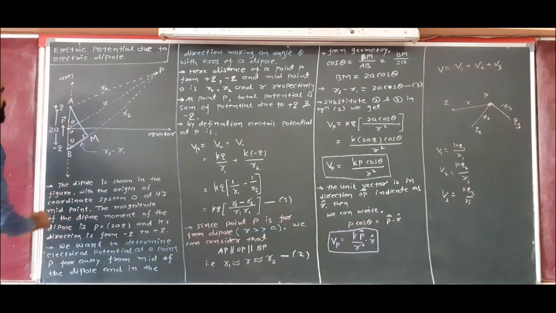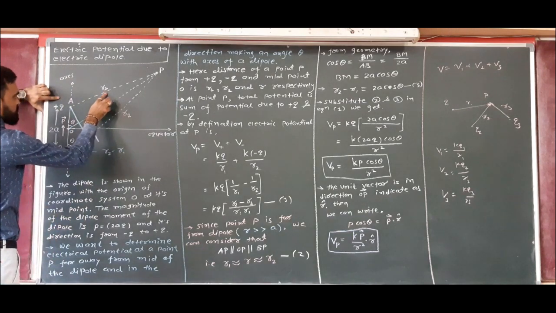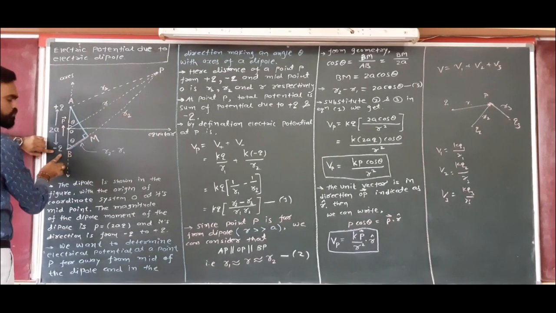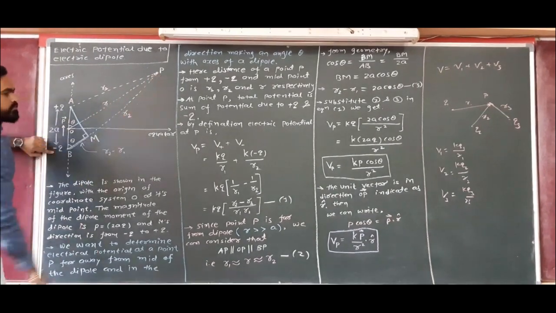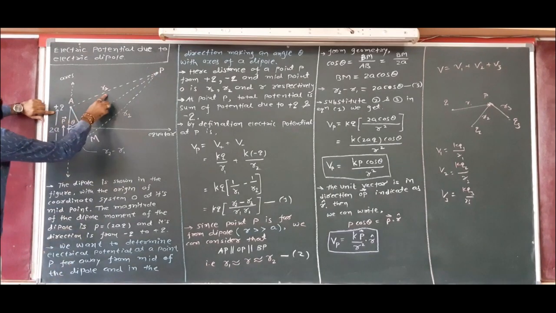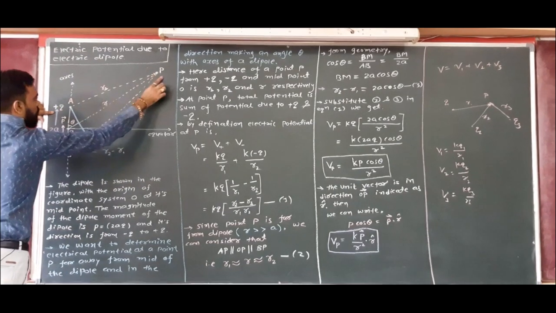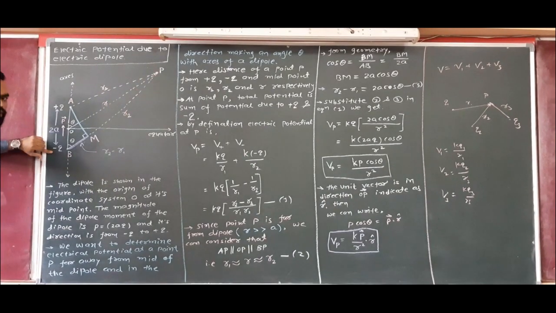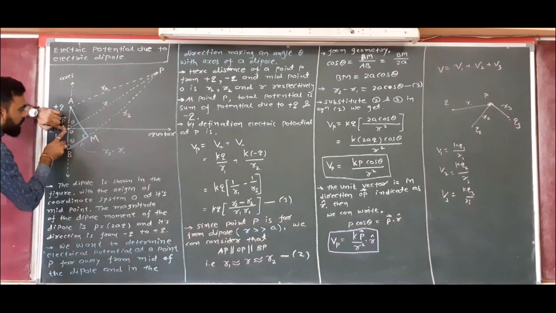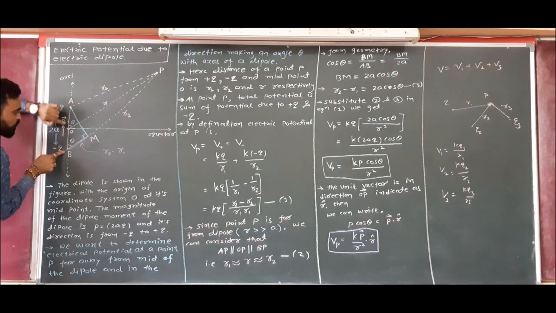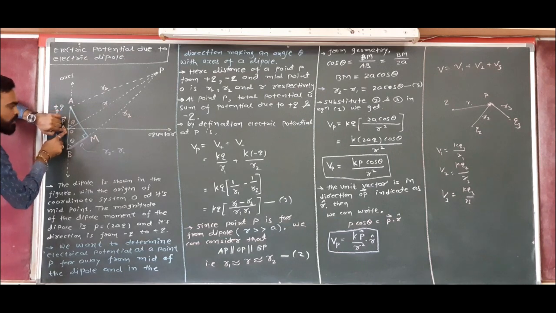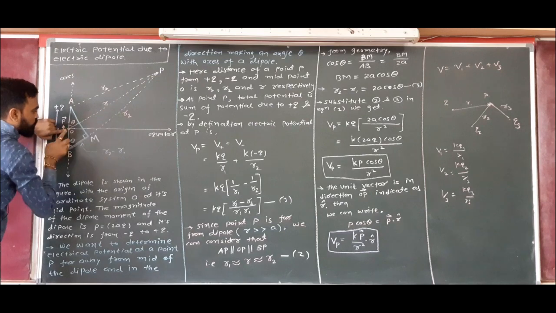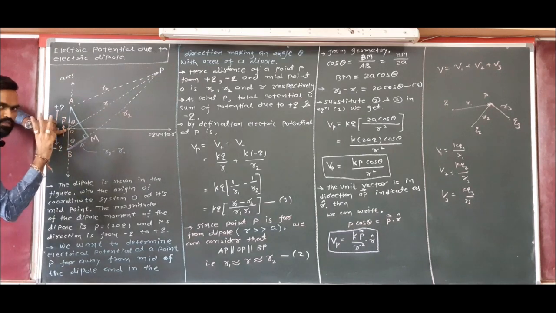First, let R1 be the distance of Q1 from point P, and R2 the distance of Q2, minus Q, from point P. Again, R1 is the distance of plus Q from point P, and R2 is the distance of minus Q from point P. This point O is the exact midpoint of the dipole, and this point P is lying at distance R from O. So now I have three distances.